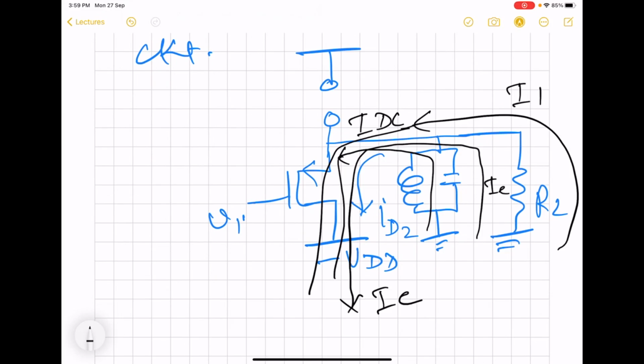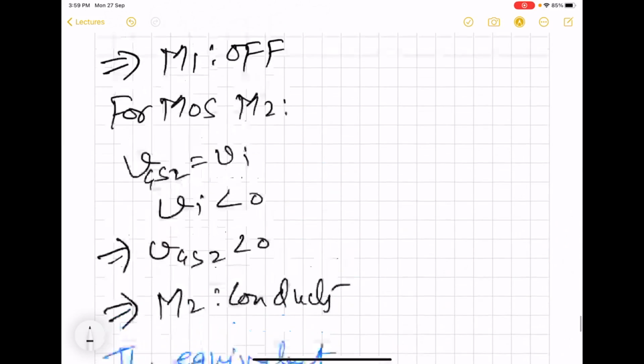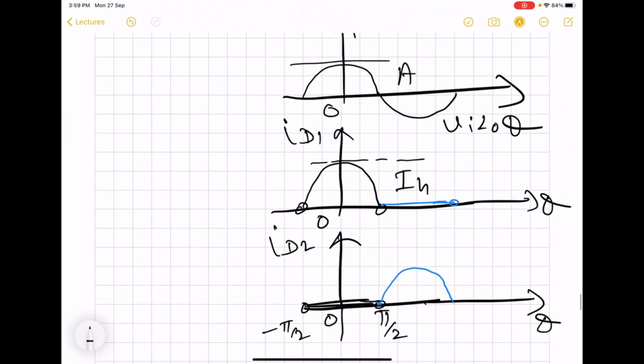So there are two ways of looking at the functionality of this push-pull. Currently, we are interpreting in terms of the various frequency components of these two individual currents.